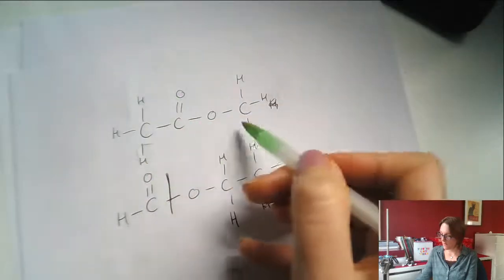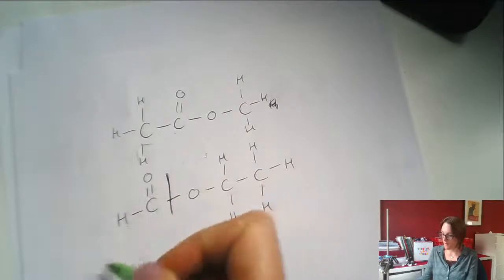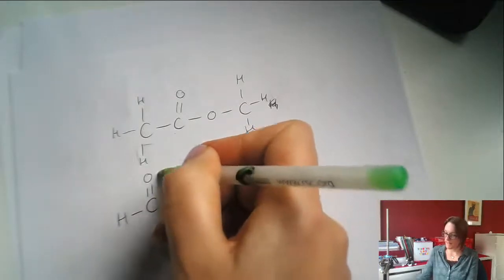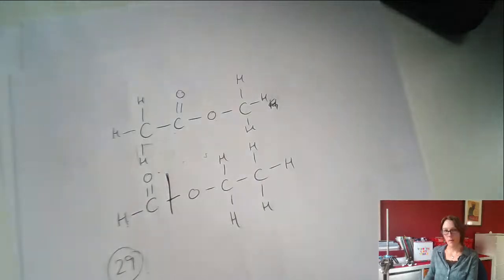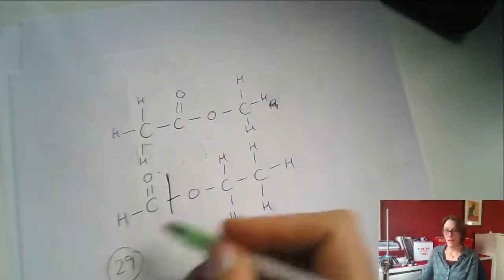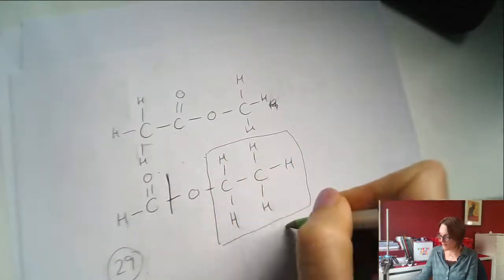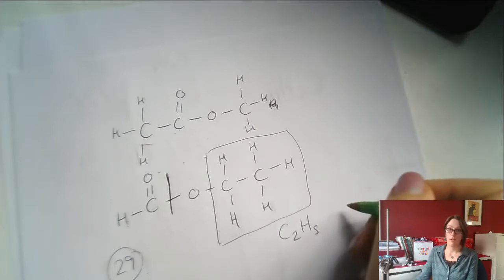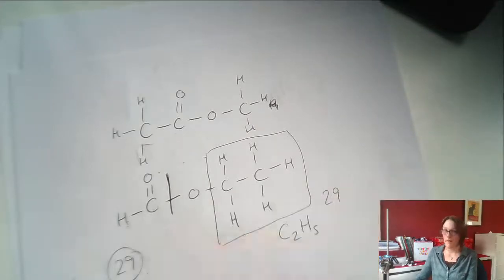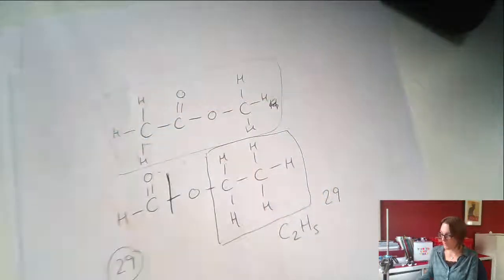And I just can't do that anywhere here. There's no combination of a C and an O and an H. So I would expect 12 plus 16, 28, plus 1, there to be a mass of 29 in that molecule. Also in this molecule, there is a bit here, which is C2H5, which, I did not do this on purpose, also has a mass of 29. And so that's not present in this molecule.